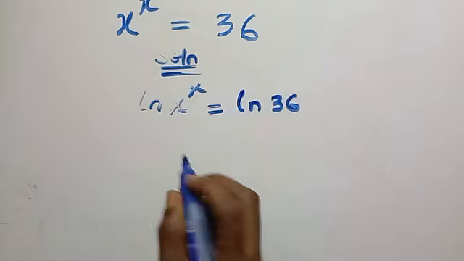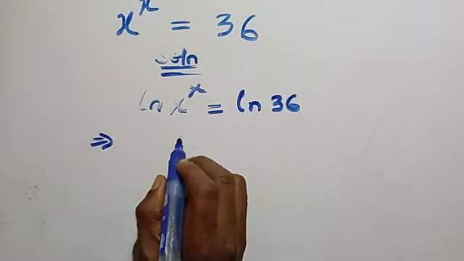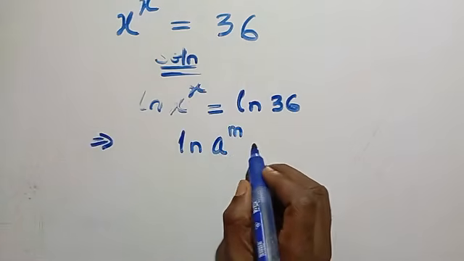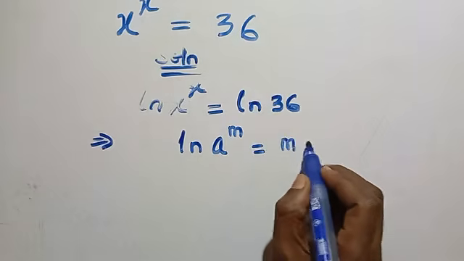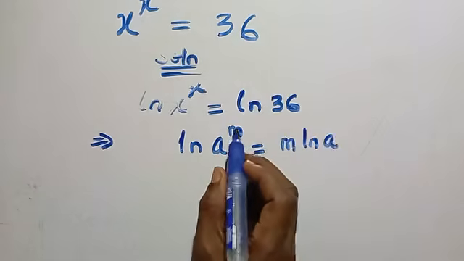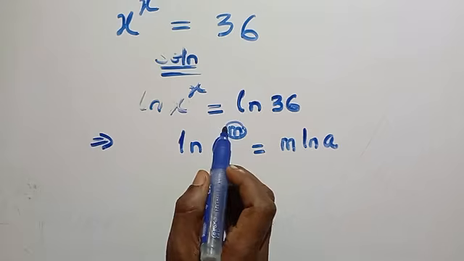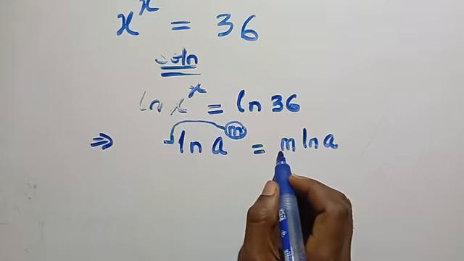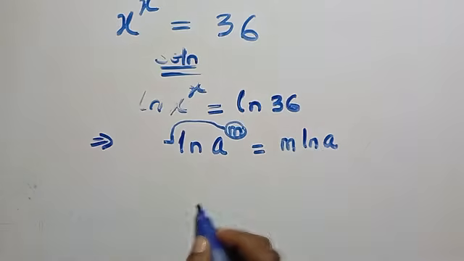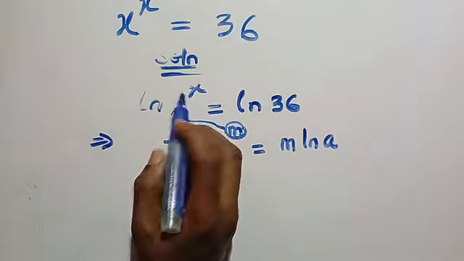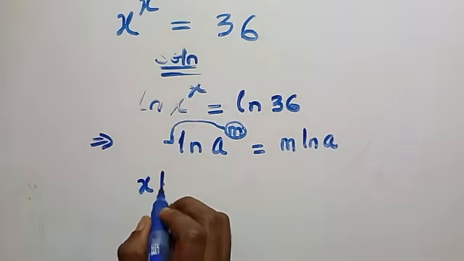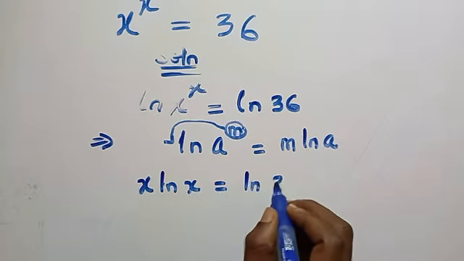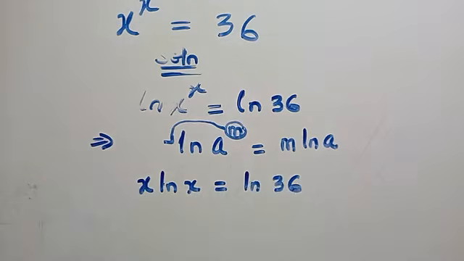And then by rule of logarithm, if I have ln a power of m, this equals m ln a, that is, this power here will be transferred back to the front of ln, and we have m ln a. So applying it to this, we have x ln x equals ln 36.